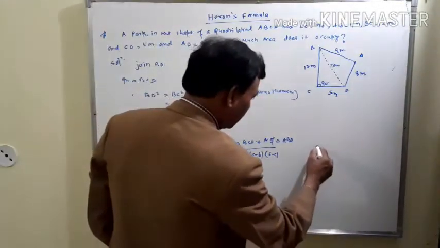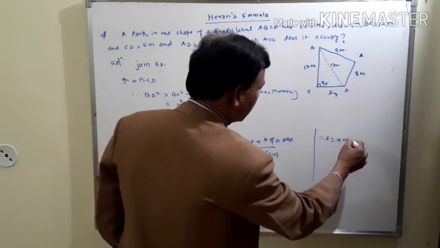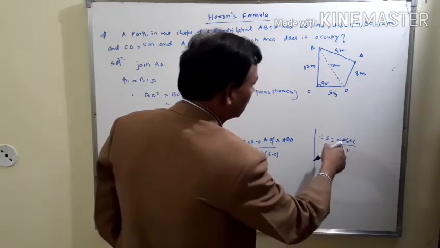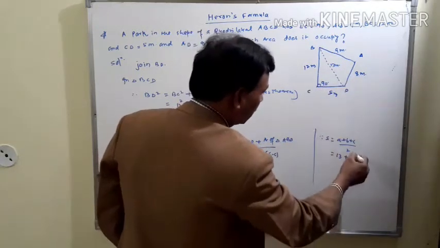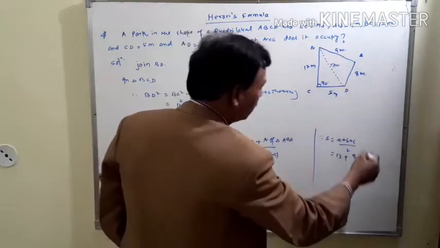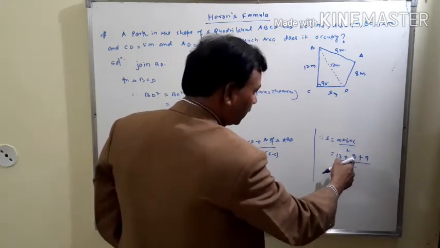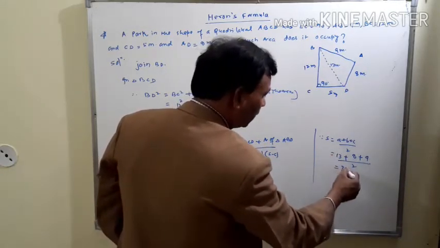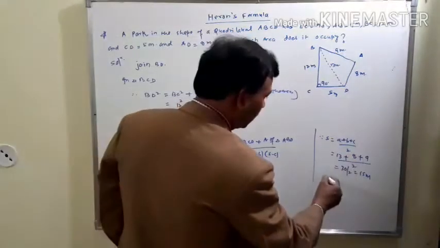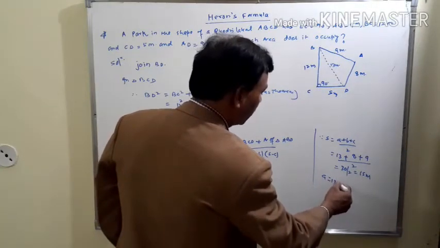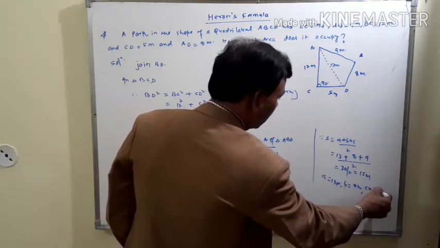First find here what is S. Since S equal to A plus B plus C whole upon 2, here A equal to 13 plus B equal to 8 plus C equal to 9 whole upon 2. 9 plus 8 is 17, 17 plus 13 is 30, upon 2 equal to 15 meters, and A equal to 13 meters, B equal to 8 meters, and C equal to 9 meters.